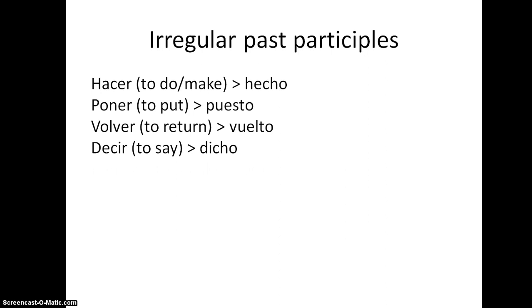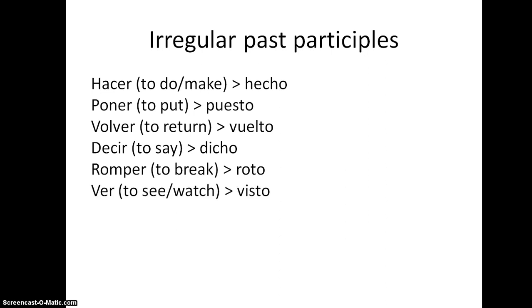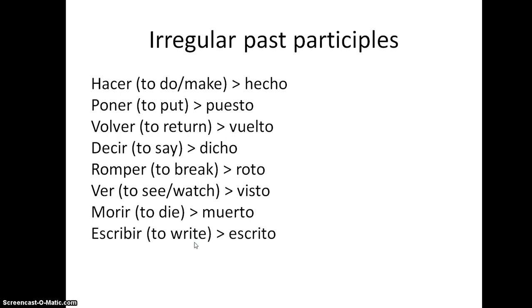Decir to dicho. Romper to break, roto. Ver to visto. Morir to muerto. So in English we'd say done, put, returned, said, broken, seen, and died. Okay, and a couple more. Escribir, escrito, written.